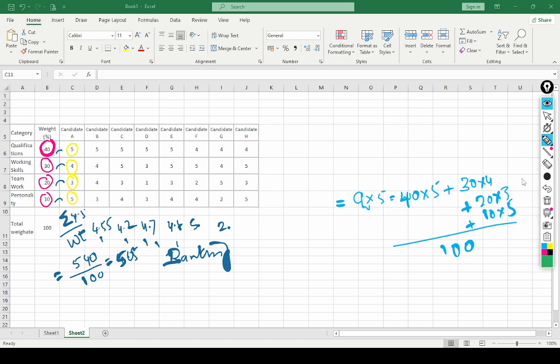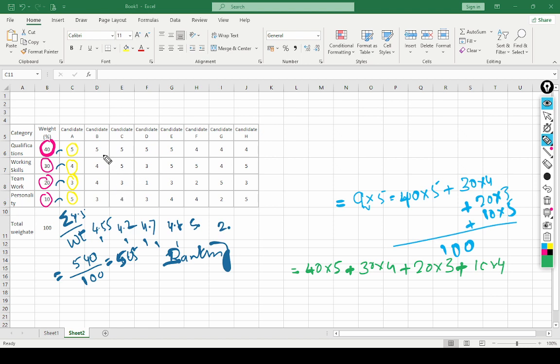Similarly, if you want to get another person's value, okay, what is the second person? It is 40 into 5 plus 30 into 4 plus 20 into 3 plus 10 into 4.